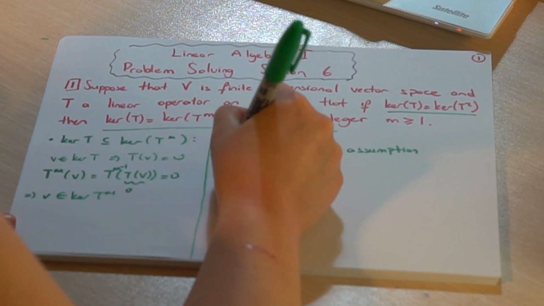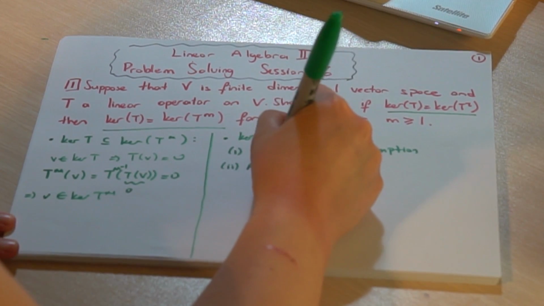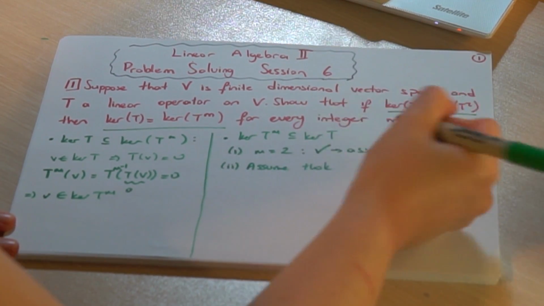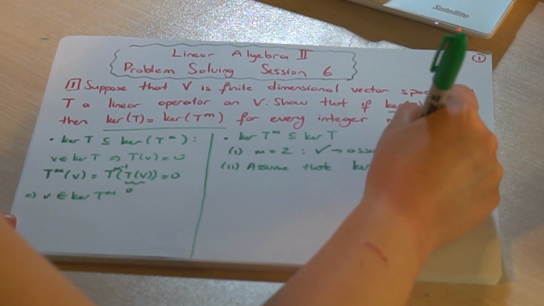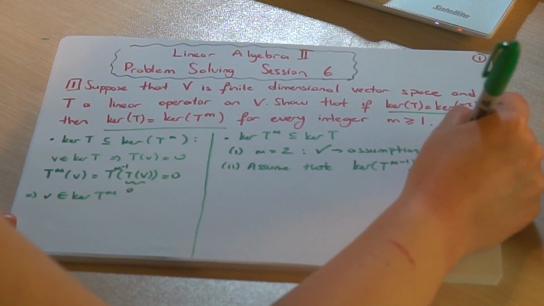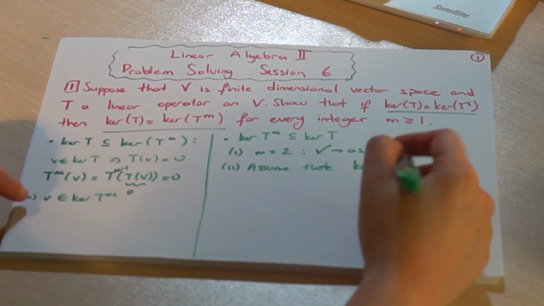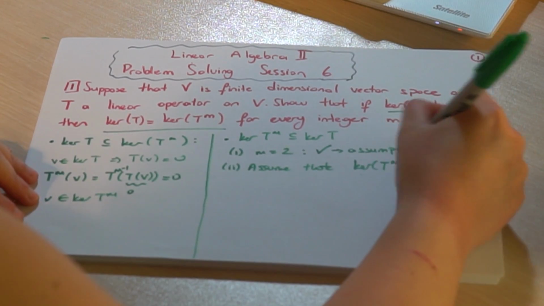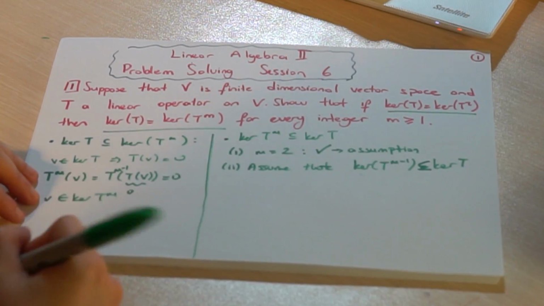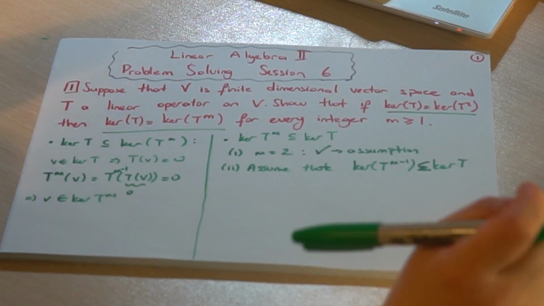Now, second step of induction, we need to assume that kernel T to the m minus 1 is equal to kernel of T. Now, let's say kernel T to the m minus 1 is under kernel T. We need to show this one.